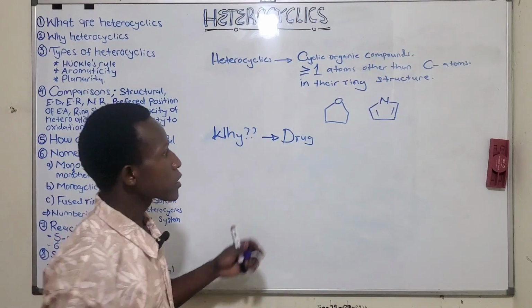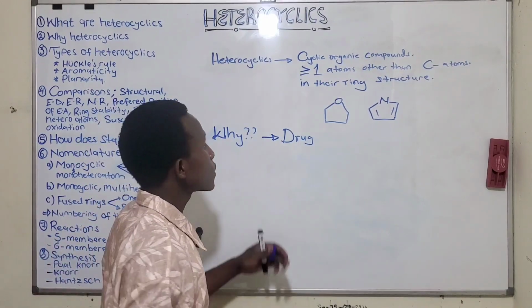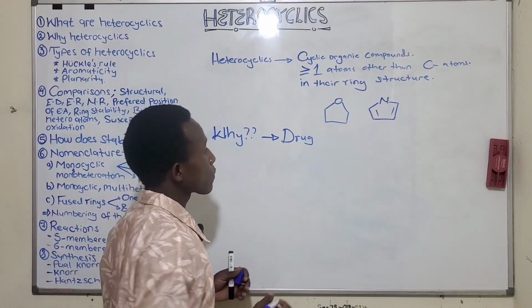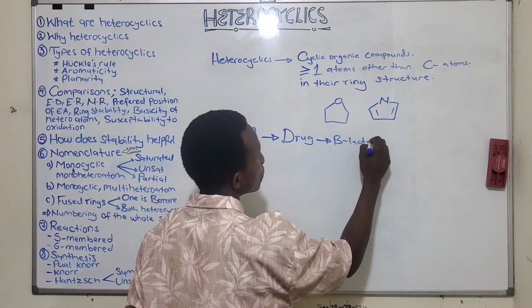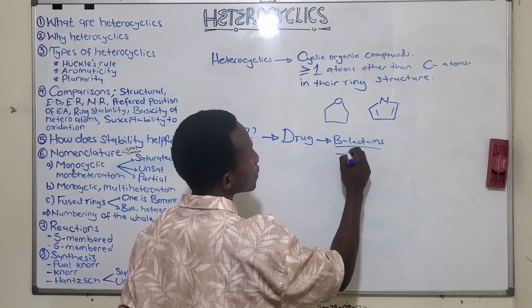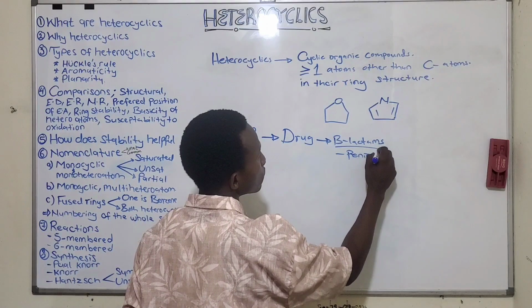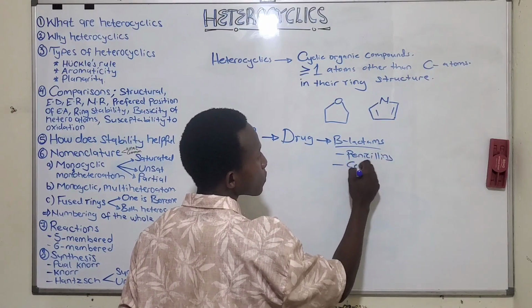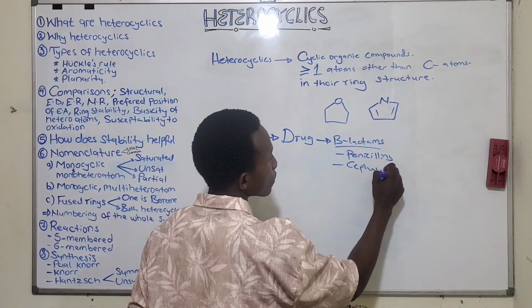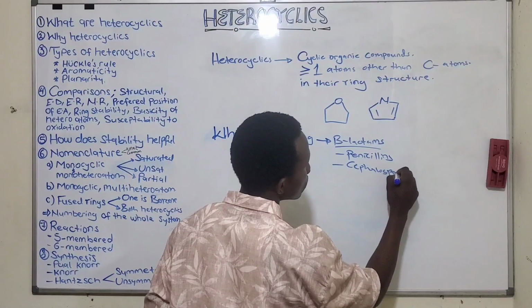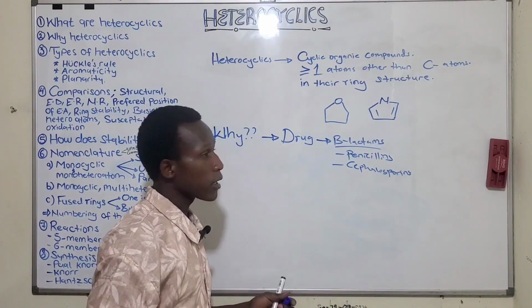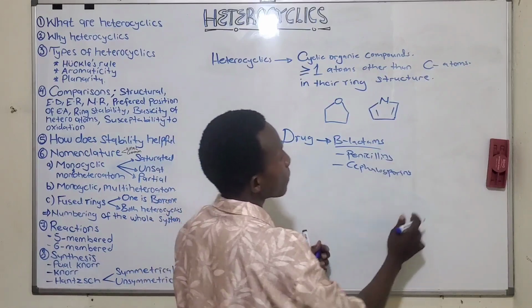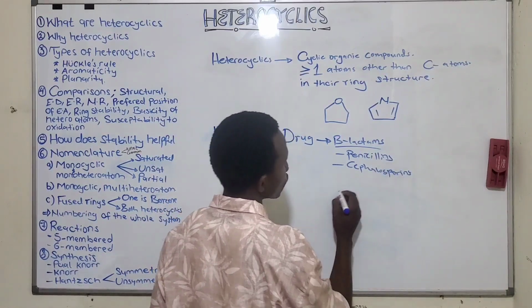When you look at different drugs, they contain heterocyclic rings in their structures. For example, the beta-lactams, where we have penicillins, the cephalosporins, and others.